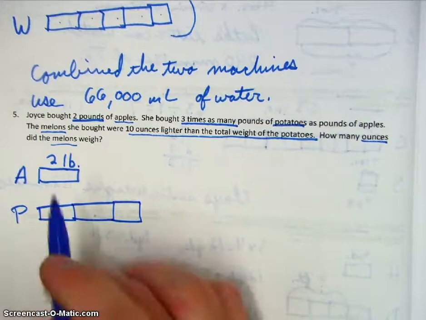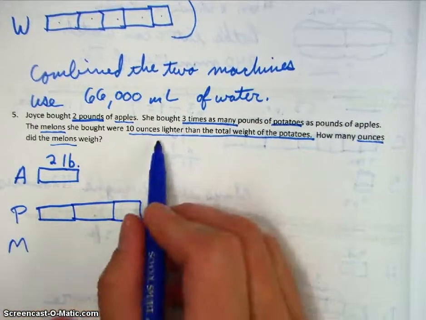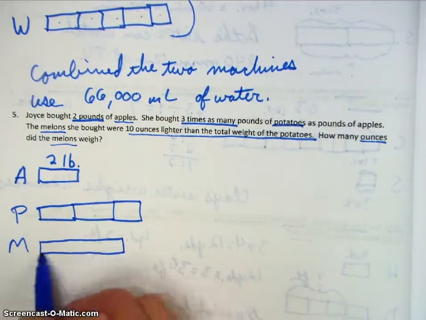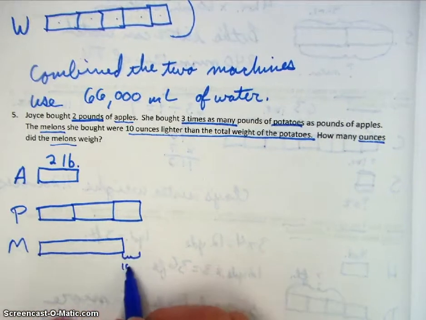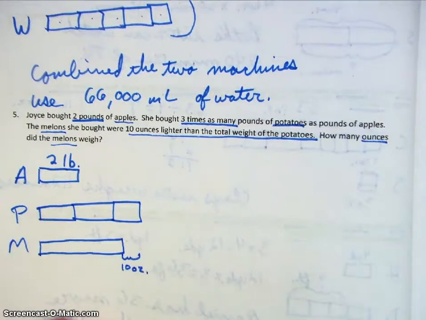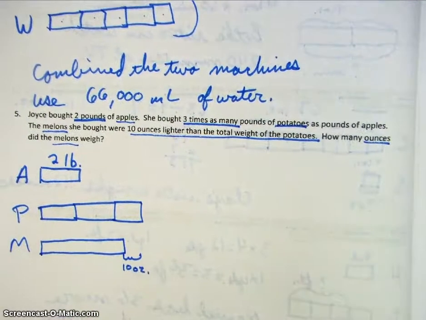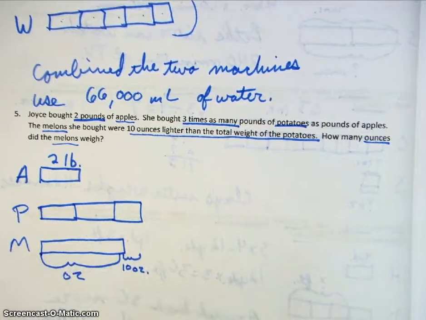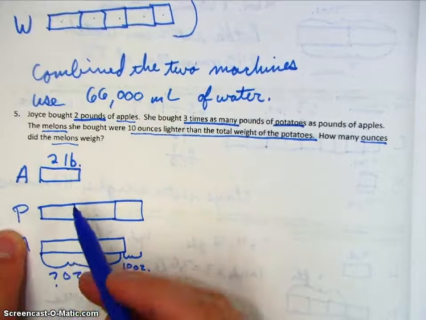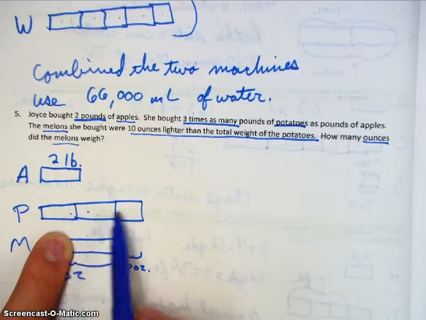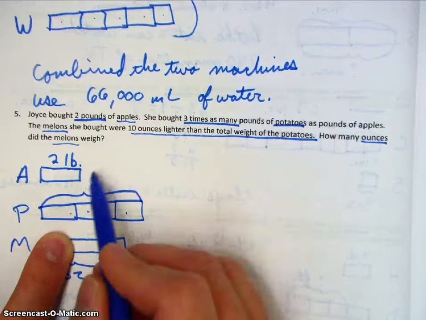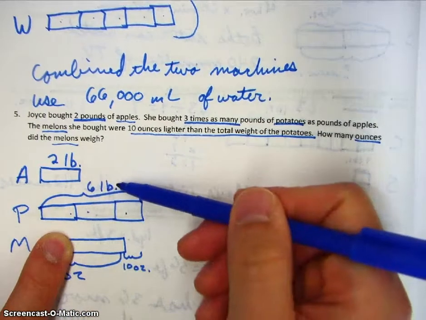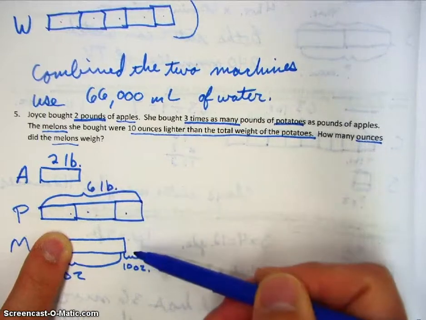Now the melons are 10 ounces lighter than the total of the potatoes. So we know the melons weigh this much, and we have 10 ounces less. What we need to know here is how many ounces the melons are. So, multiple steps here. First, we have the potatoes. There are 3 sections of 2, so our potatoes are 6 pounds. Now we have 6 pounds, and we need to take away 10 ounces.